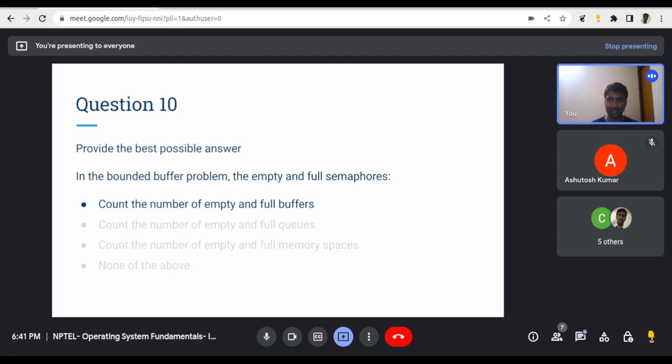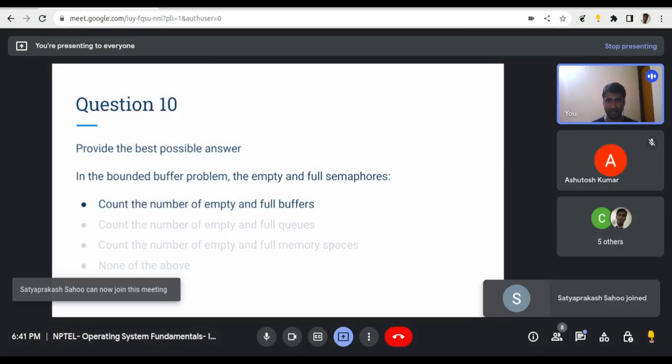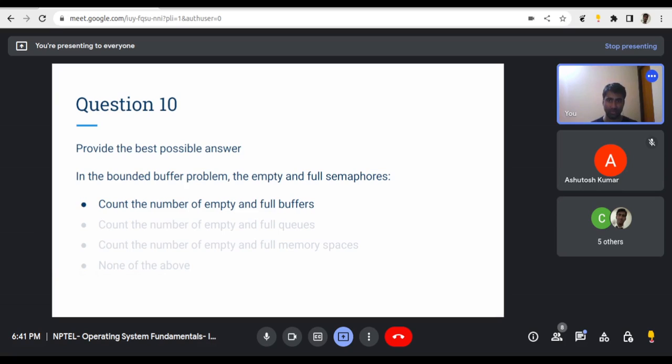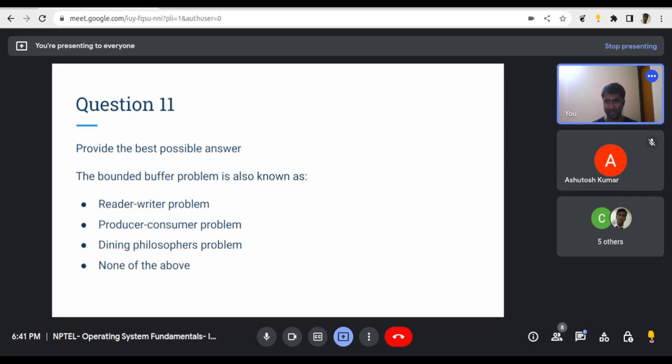That results in an empty buffer, and that is the problem solved by the bounded buffer problem. So it has two counts, the number of empty slots and the number of full slots, that is buffers. So I already said the answer.